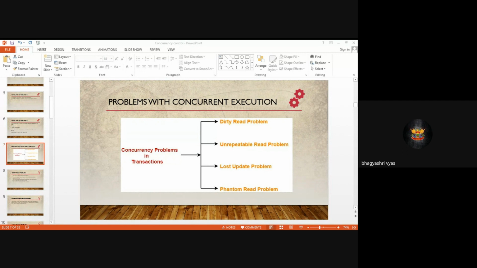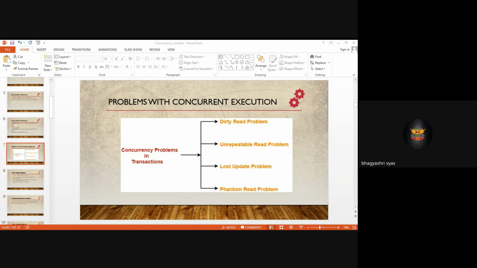With this dirty read problem, there is always a chance that an uncommitted transaction might get rolled back later. And the uncommitted transaction might make the other transaction read a value that does not even exist. So we have inconsistency due to this.